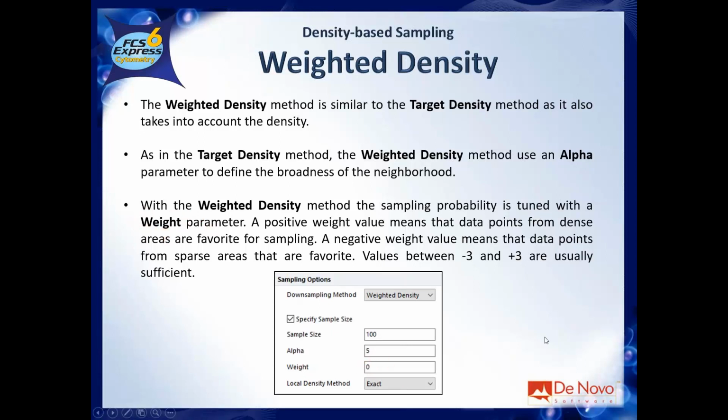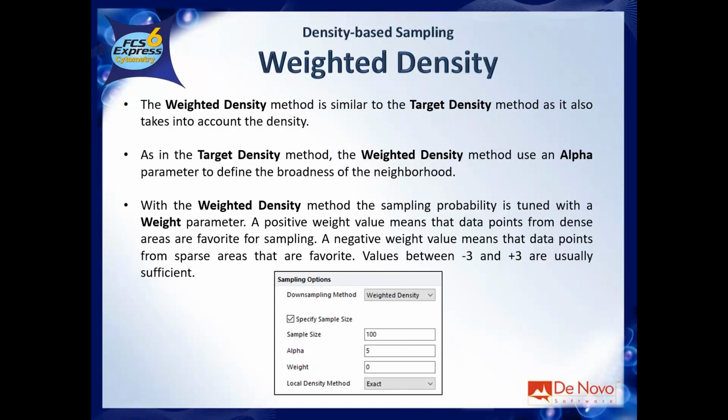You cannot specify the target density and the outlier density. So basically, if you set the weight to be a negative value, like -1 or -10, you want to increase the chance to sample rare events.